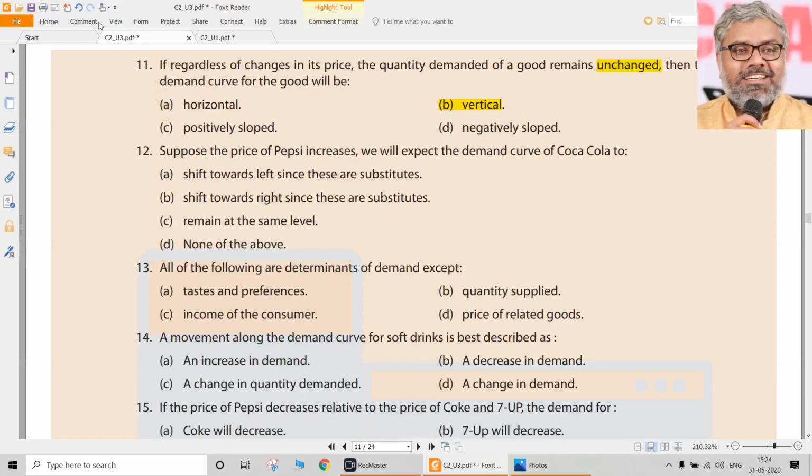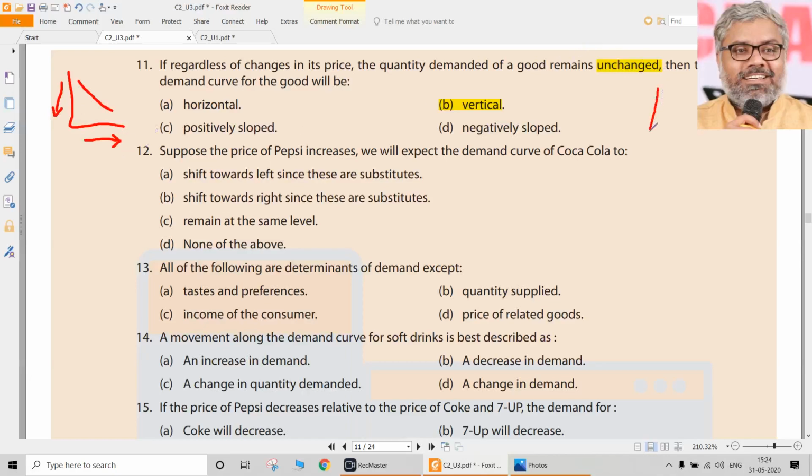So if we look at a normal demand curve, a downward sloping demand curve like this, it is a normal demand curve. What is happening here? As the price is decreasing, this is price on the y-axis, quantity demanded is increasing. This is what happens normally.